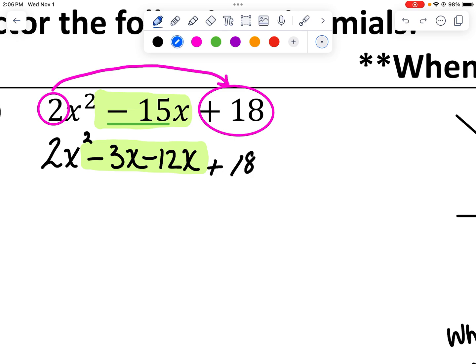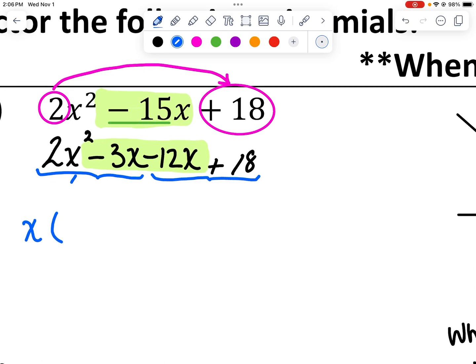I'm going to think about this pair, and I'm going to think about this pair. And when I look at the very first pair, I notice that 2x squared and negative 3x have a greatest common factor of x. So when I divide x out of each one of these, I am going to be left with 2x minus 3.